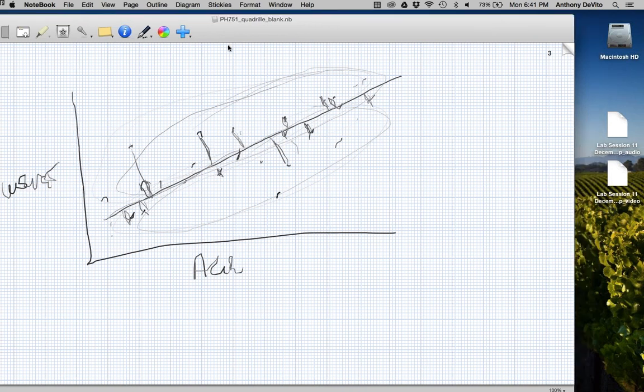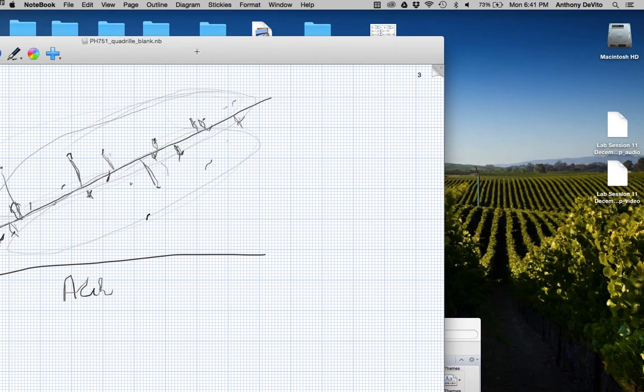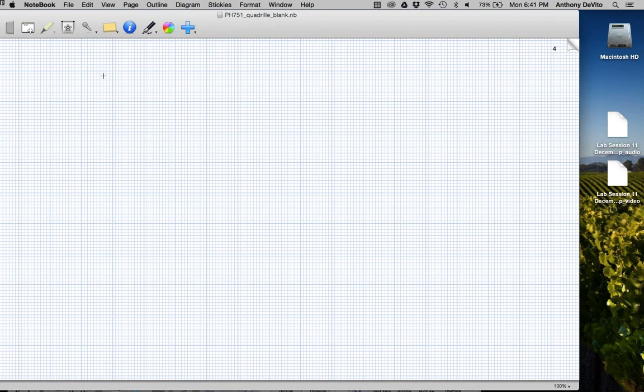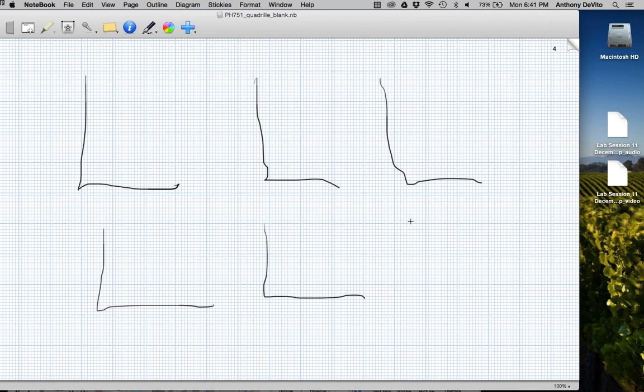There are a number of different kinds of situations you can get into here. I'm going to draw a few of these. Sometimes, rarely, you're going to wind up with a correlation between two variables that's a perfect straight line, a perfect correlation.